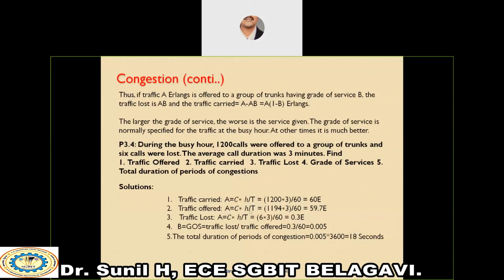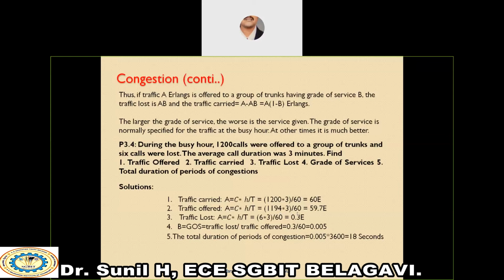And the holding time they have given is 3 minutes. Even to calculate the value of traffic offered, A is equal to C into H divided by T, we have 1194 into 3 divided by 60. Why is it 1194? Because in the problem statement he has given 6 calls were lost.